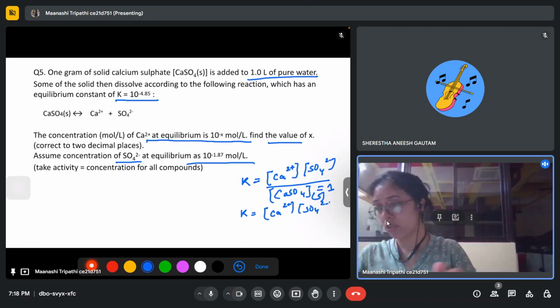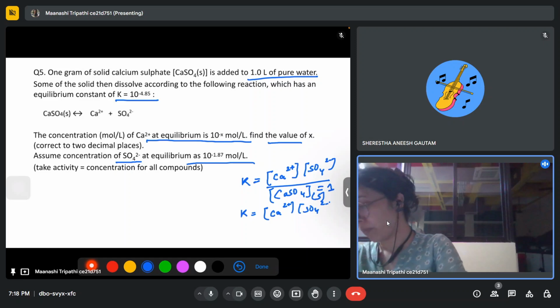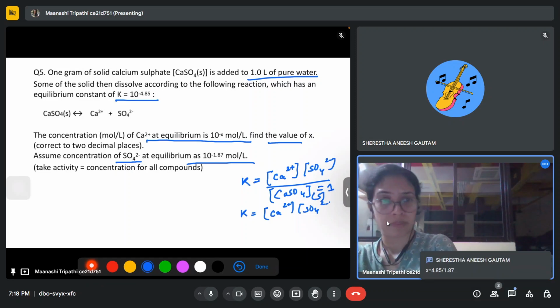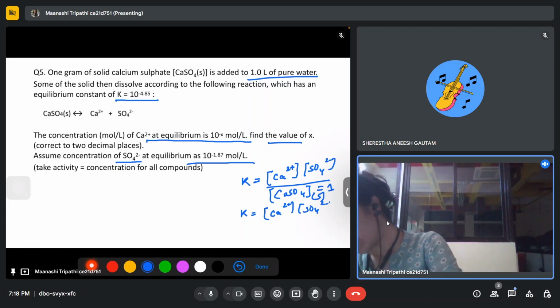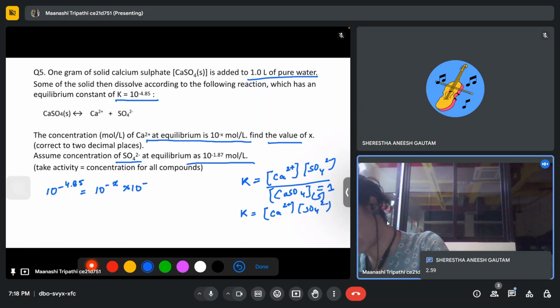We'll see the solution now. So, what is K? 10 raised to power minus 4.85 is equal to calcium 10 raised to power minus x multiplied by 10 raised to power minus 1.87.